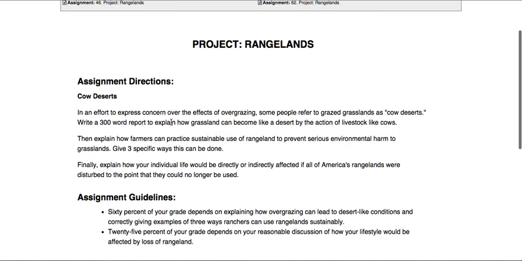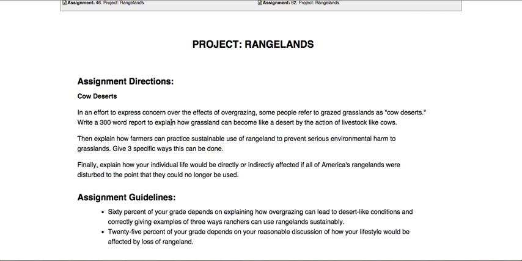When you look at the directions, I just want to read them briefly and go over them. In an effort to express concern over the effects of overgrazing, some people refer to grazed grasslands as cow deserts. The project is asking you to write a 300-word report to explain how grasslands can become like a desert by the action of livestock, cows, for example.